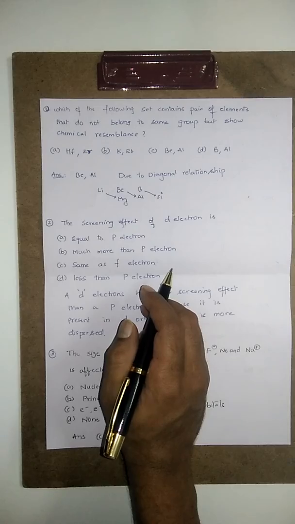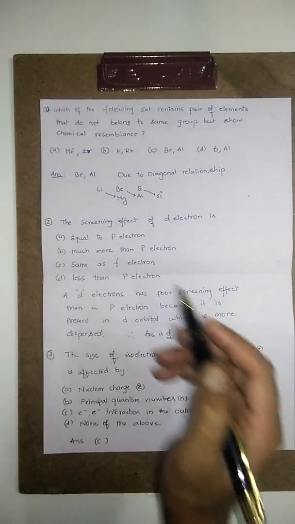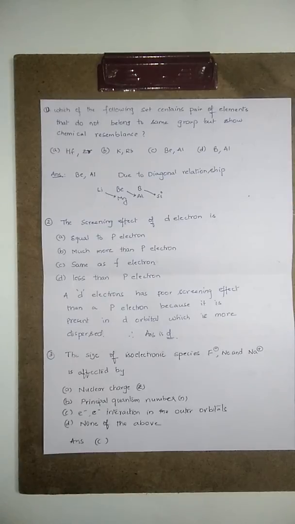So the next question is, the screening effect of d electron is, you can have a look at the options: equal to p electron, much more than p electron, same as s electron, less than p electron. Okay, the answer for this is, the screening effect of d electron is less than that of a p electron, because the d electron is more dispersed in shape, whereas a p electron is less dispersed.